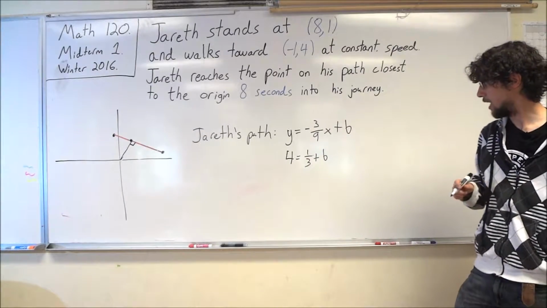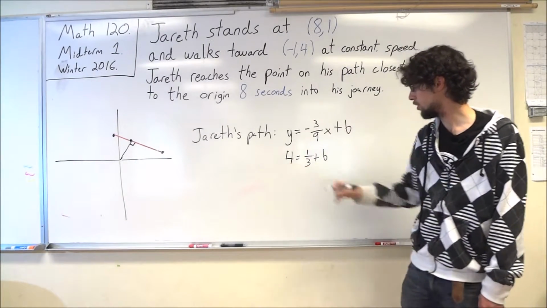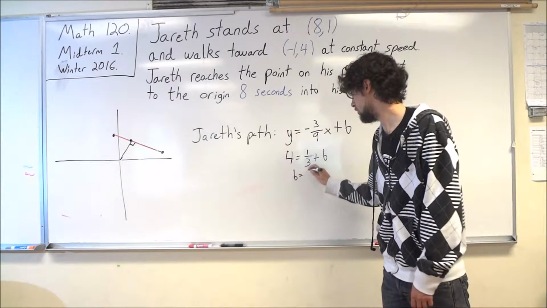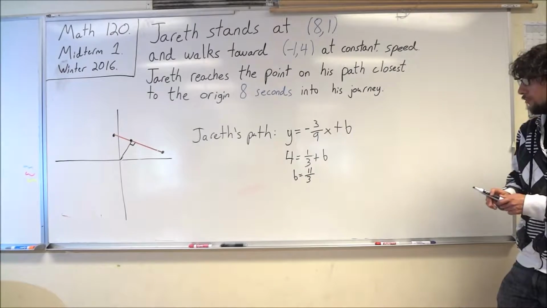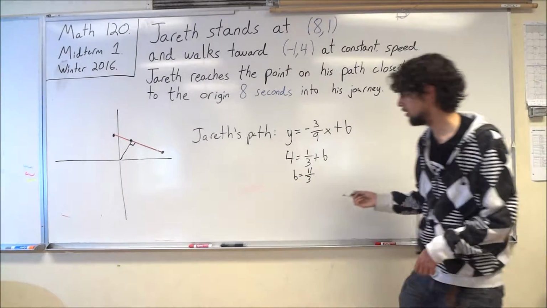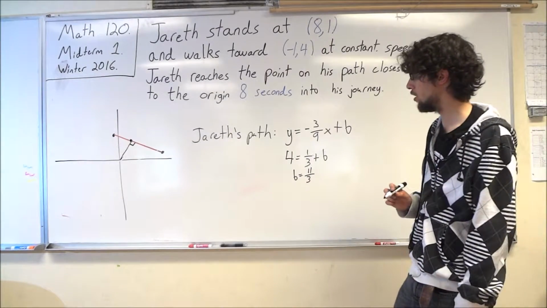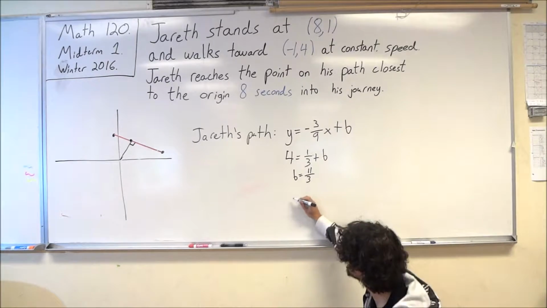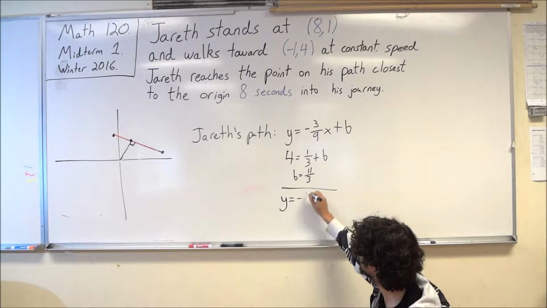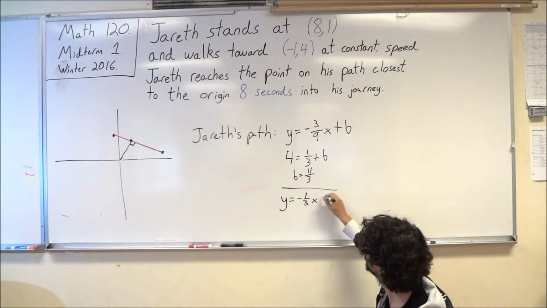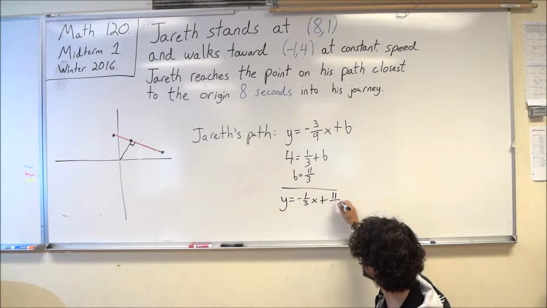And I could say then this is 12/3, so I'll say b equals 11/3. So I now have an equation for Jareth's path. In particular, I'll write it here, I suppose. What I come to is that y equals negative 1/3 x plus 11/3.